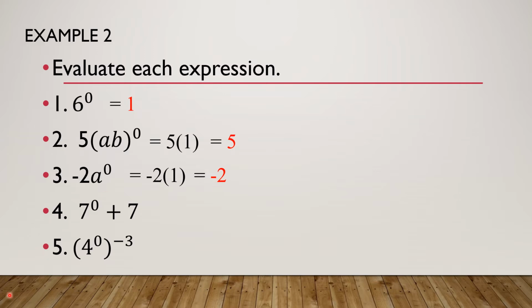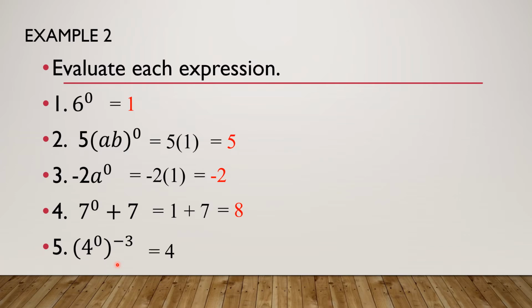How about number 4? Let's evaluate 1 by 1. 7 raised to 0 is equal to 1. Then copy plus 7. Then 1 plus 7 is equal to 8. How about number 5? In this case, you're going to apply power to power rule.